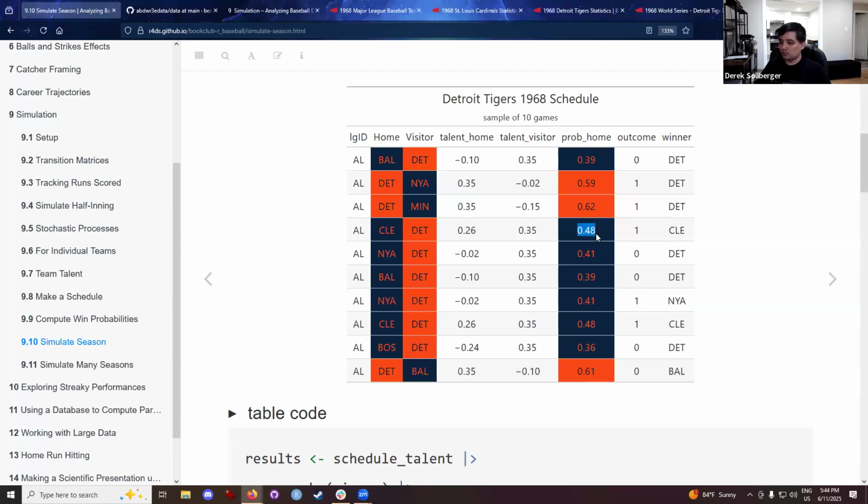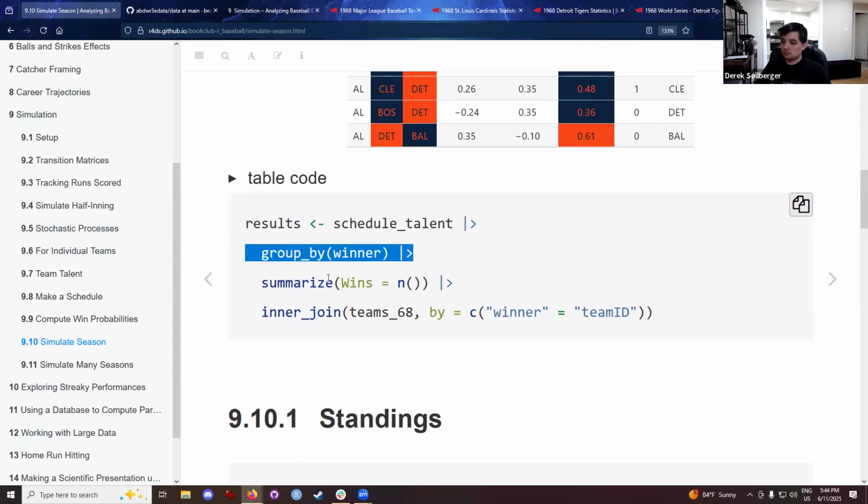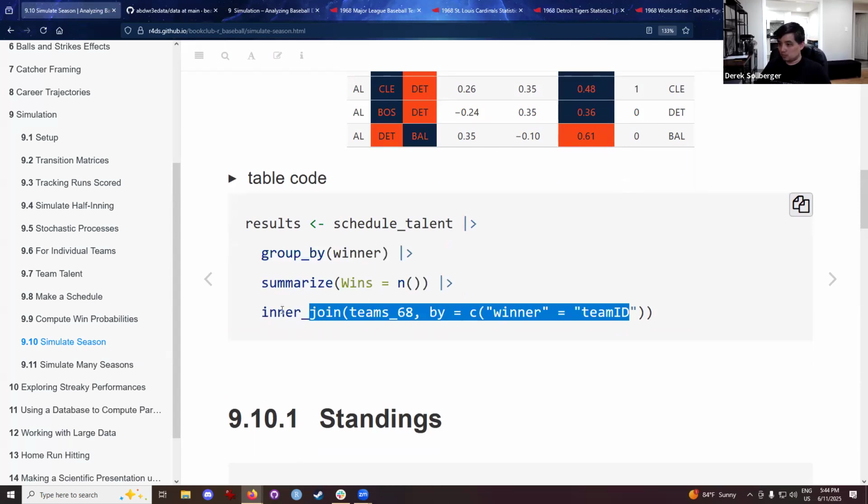Cleveland at home, so the home team win probability is less than 50%. Nevertheless, it's still possible that Cleveland would win. And we're going to, of course, keep track of this for all 162 games for all 30 baseball teams. Group them by winner, count them up, and just keep track of that.